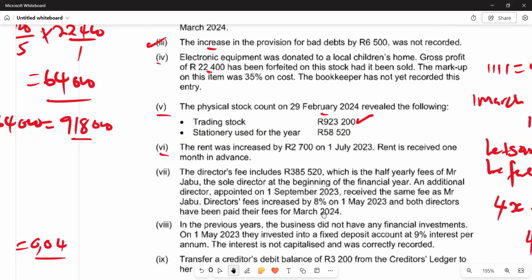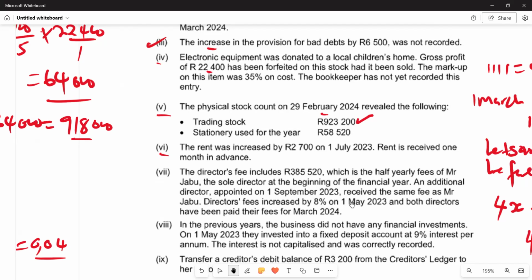But we are given a hint at the beginning of the explanation that the director's fees includes 385,520, which is the half yearly fees. So this one is for 6 months. But inside that 6 months, it was also increased on 1 May 2023. Remember, our year is starting on 1 March 2023. So March and April, it was not increased. Then May going forward, it was increased.